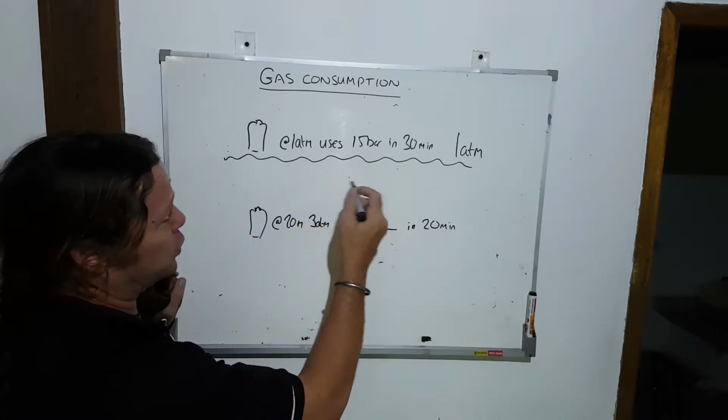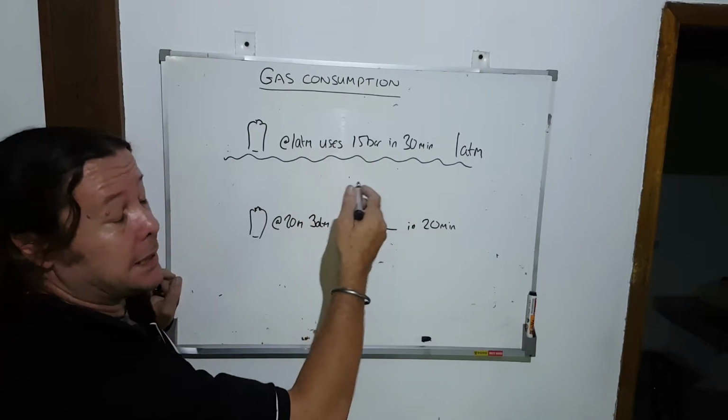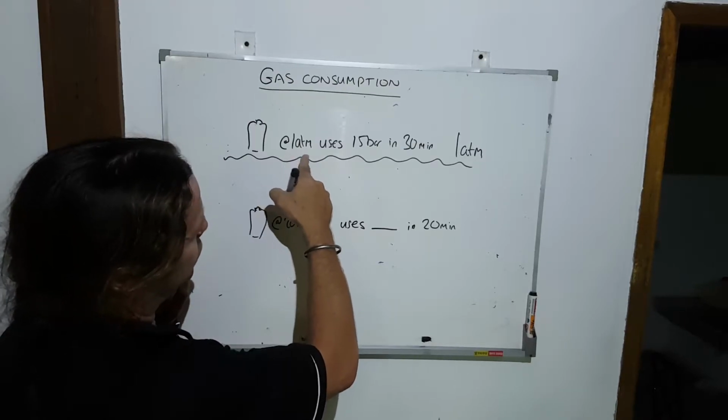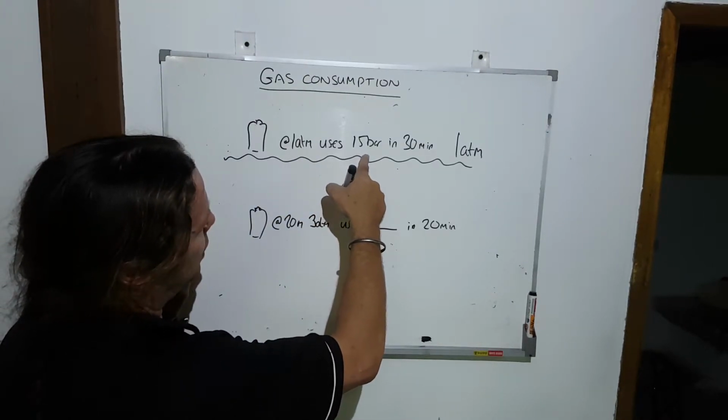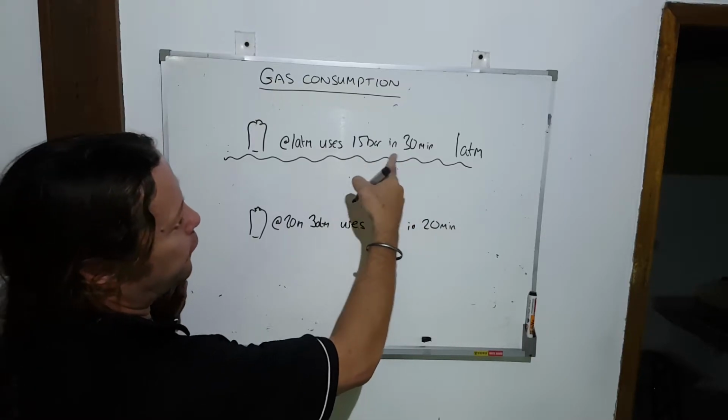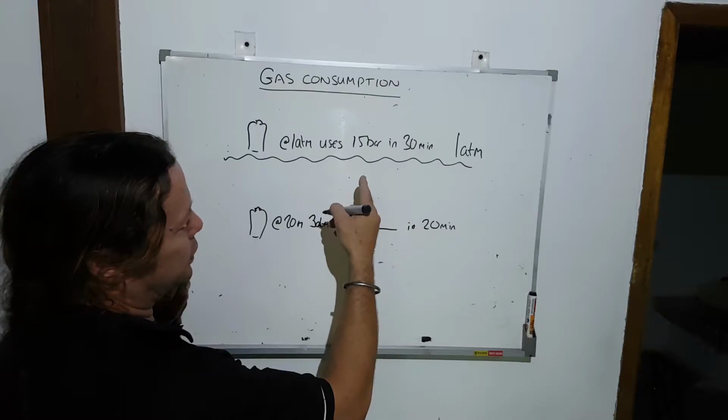So the first thing I want to do is work out my very basic surface air consumption. So I say, well, this is 1 atmosphere, 15 bar in 30 minutes. So in 1 minute, it would be 15 bar divided by 30.